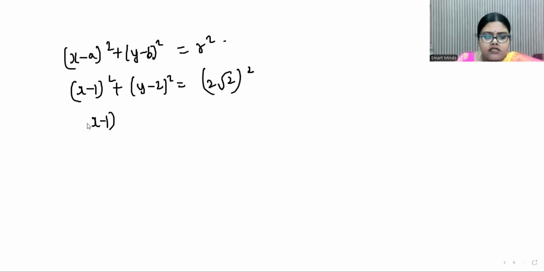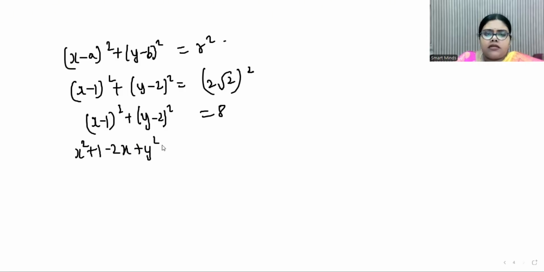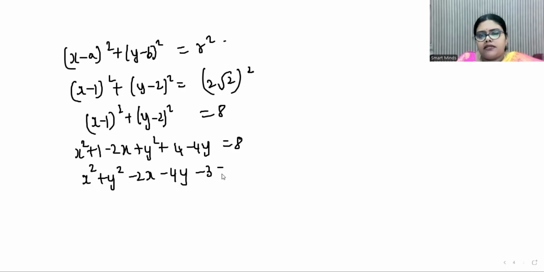So x minus 1 whole square plus y minus 2 whole square is equal to 8. Now expand: x square plus 1 minus 2x plus y square plus 4 minus 4y is equal to 8. So x square plus y square minus 2x minus 4y minus 3 is 0. This is the final answer.